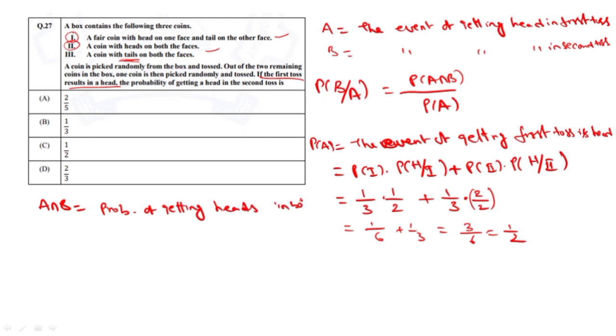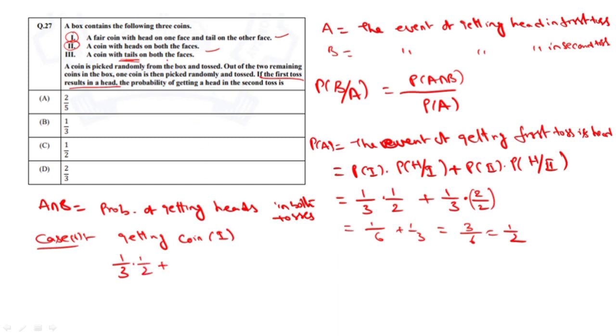In that case, if I take the fair coin, case 1, getting coin 1 first, the probability is 1 by 3 for the first toss being coin 1, into 1 by 2 for head.